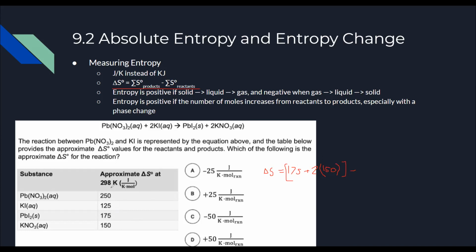And you then subtract that from S reactants, for which you put another set of brackets: Pb(NO3)2, which is 250, plus 2KI, so 2 times 125. What you do is just add these up, so you have 475.